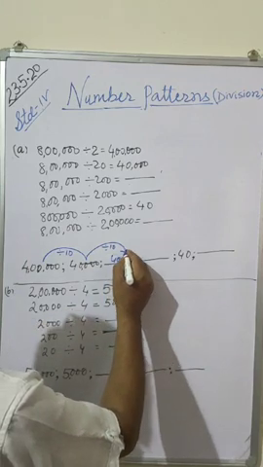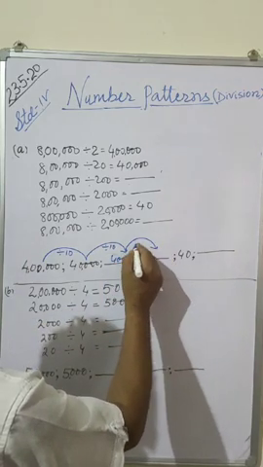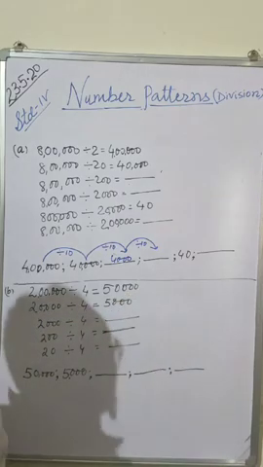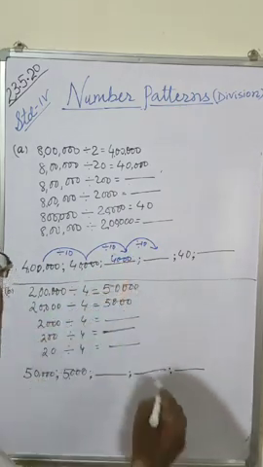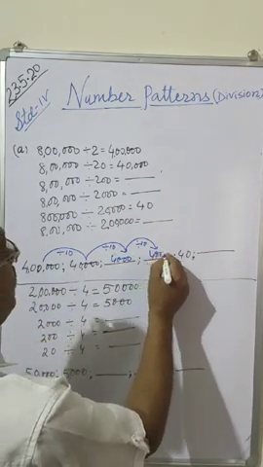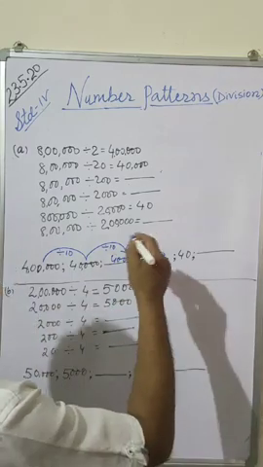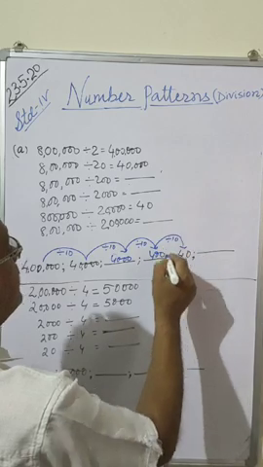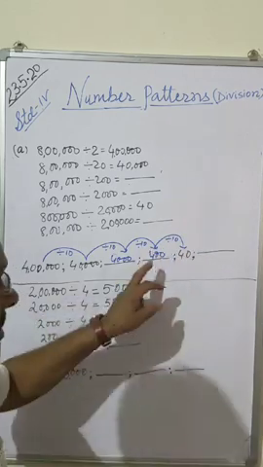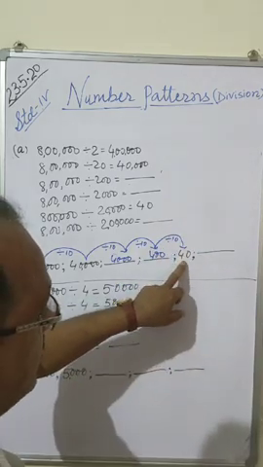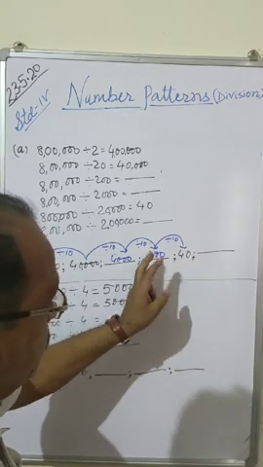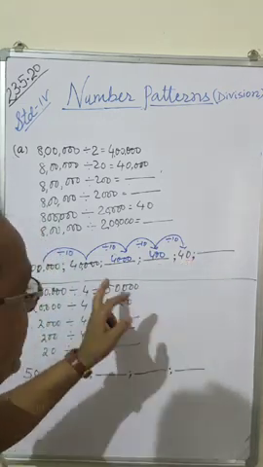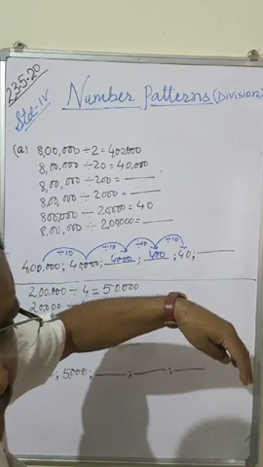Now again divide by 10. Again 1 0 cancel, so this will be 400. Now same pattern you have to follow here. Divide by 10, 1 0 cancel, this will be 40. Already given. So your answer also matched. That means you are going on positive way.